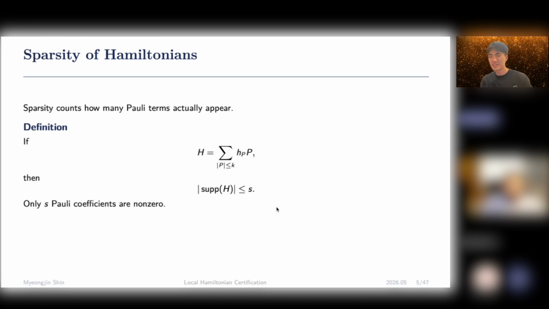And this is not used in this talk, but just for reference, we can also define the sparsity of the Hamiltonians, which is the number of non-zero Pauli terms in the Hamiltonian.